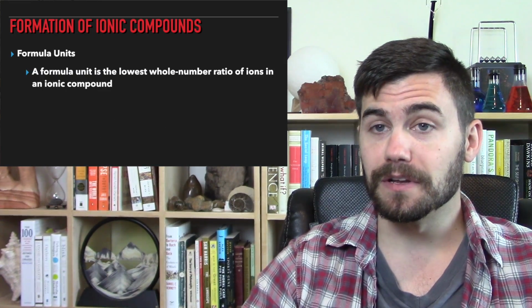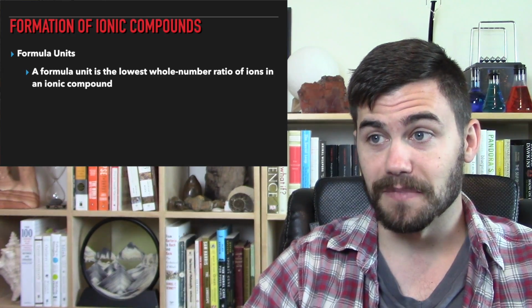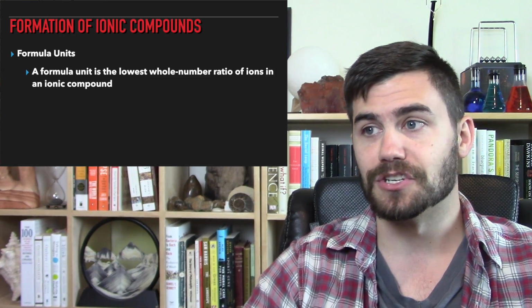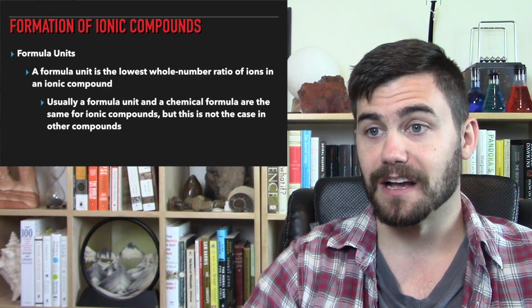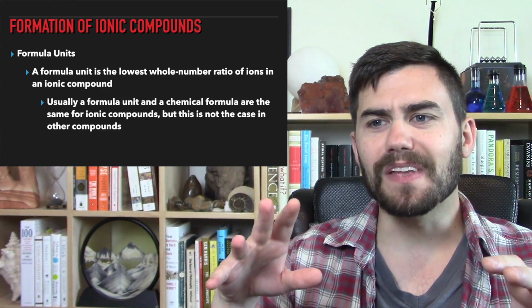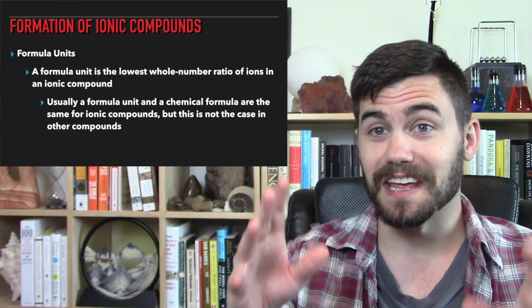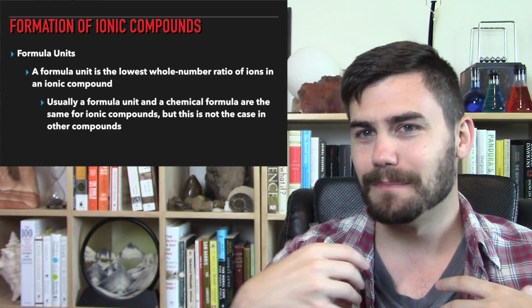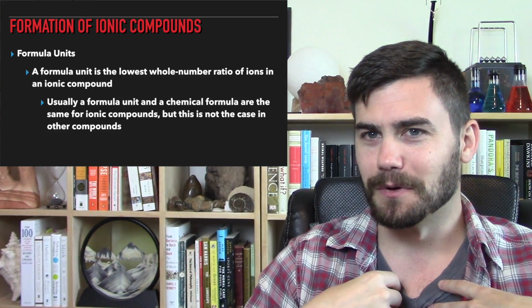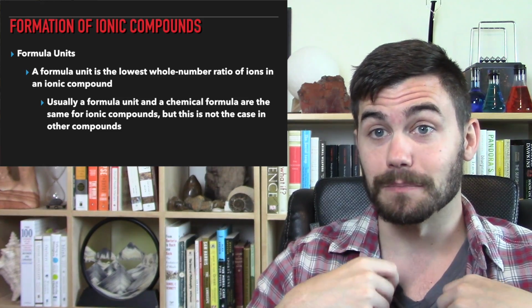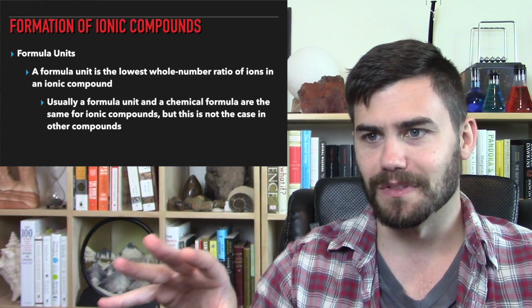And formula units basically do the same thing. It's the lowest whole number ratio of all the ions in an ionic compound. Now, in ionic compounds, a formula unit and the chemical formula are the same thing. I'm not aware of an instance where that's not the case. There probably are exceptions, but in general, they're the same thing.